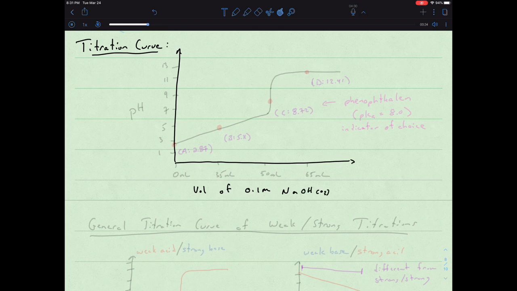We had 4 different data points: 0, 35, 50, and 65 milliliters in terms of those volumes that we're adding.